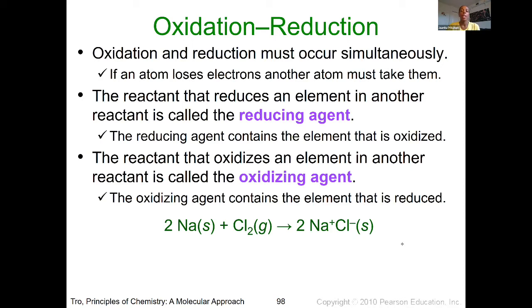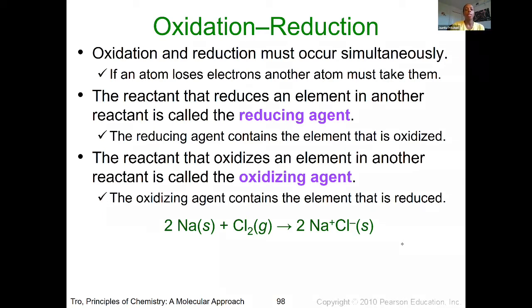And so to identify your oxidizing and reducing agent, you want to first assign your oxidation states, figure out who's being oxidized and reduced, and then from there you can look at the reactants and state who the reducing agent is, who the oxidizing agent is.